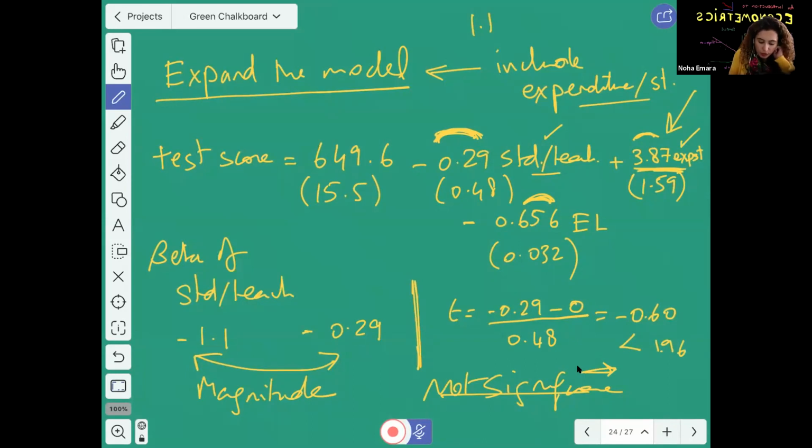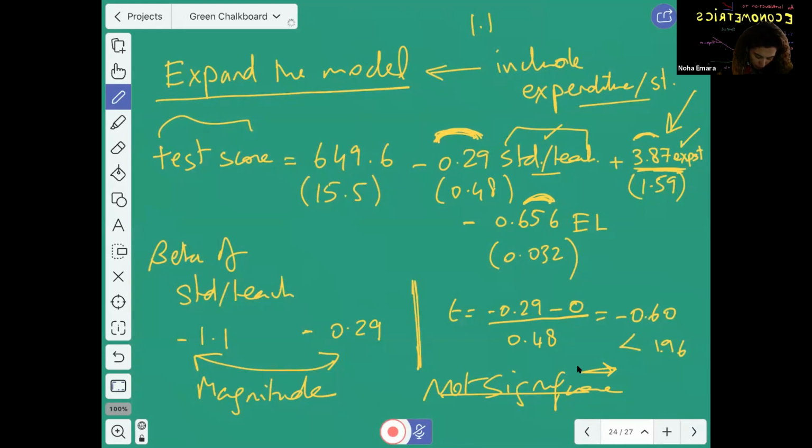So each and every time I'm adding a new variable, I need to be very careful of what happens to the originally included variables, especially when I'm 100% sure that student-teacher ratio has an important impact on test score. So in terms of magnitude, it had dropped. In terms of statistical significance, it's not statistically significant anymore. So I need to pay attention to what happened.